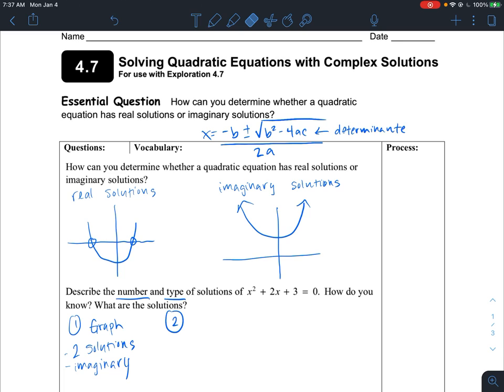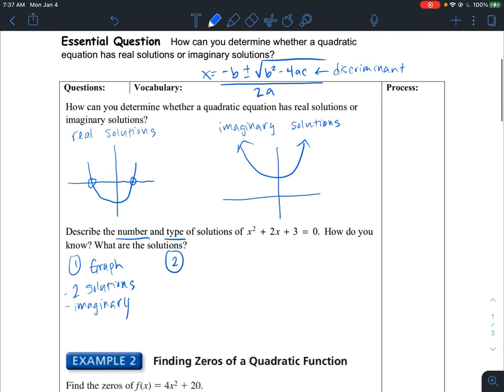Sorry, I meant to say discriminant. The discriminant is b squared minus 4ac. Now, if this is negative, then you're going to have imaginary solutions.